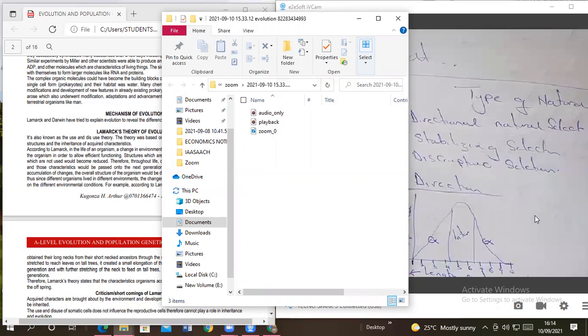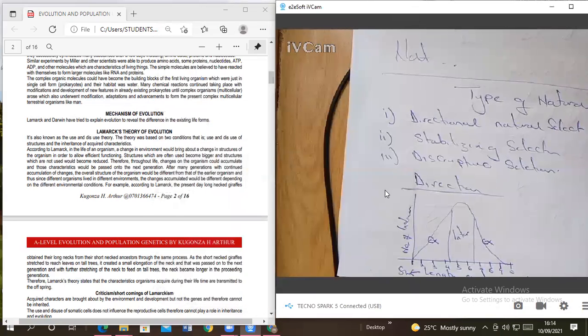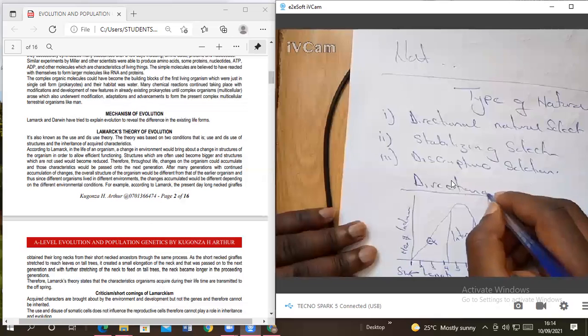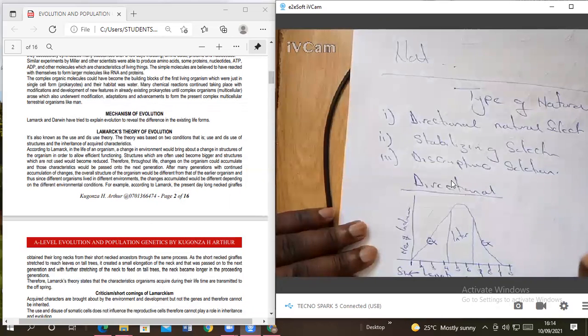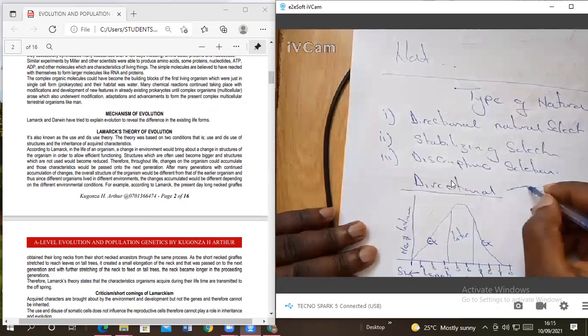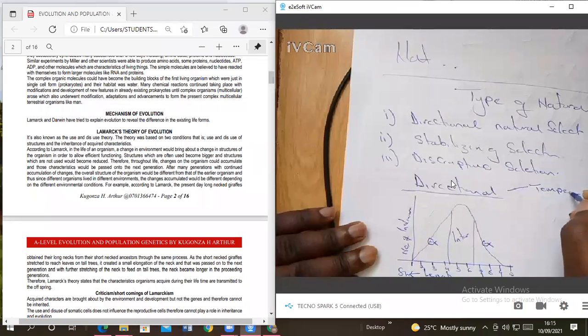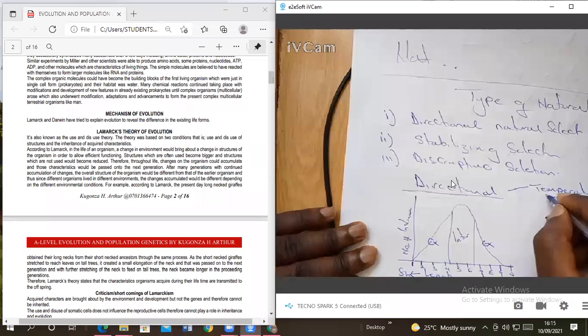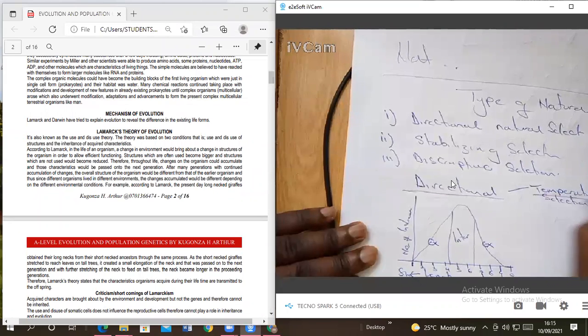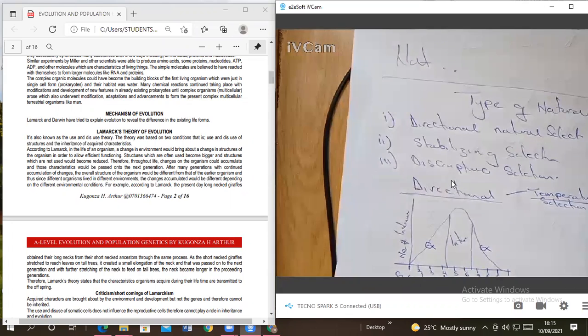Now, let me give you an example. To understand directional selection, we are going to use the example of environmental temperature. Here, temperature is going to be our selection pressure.